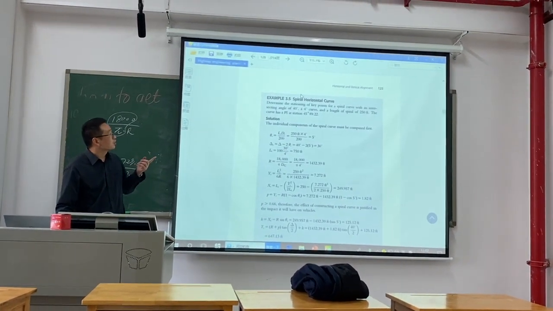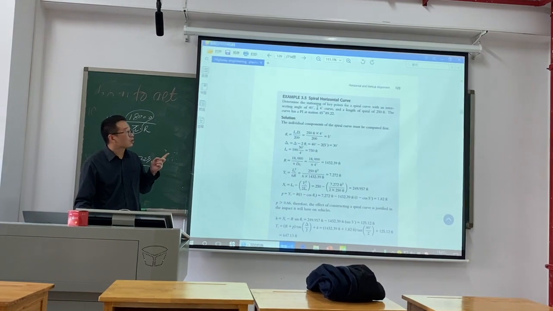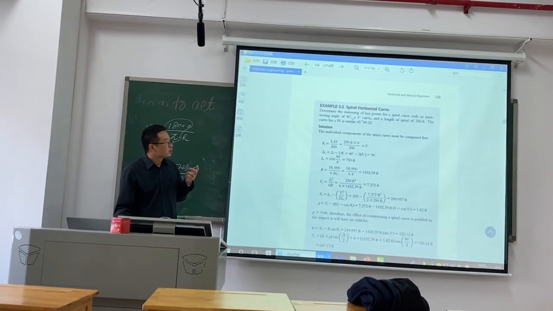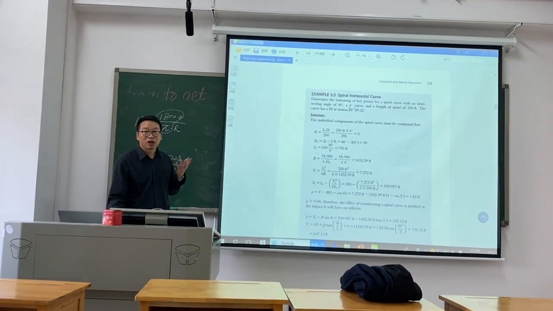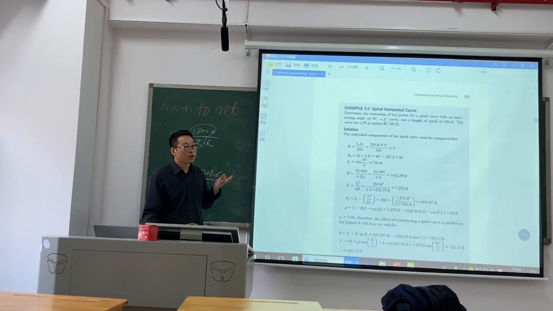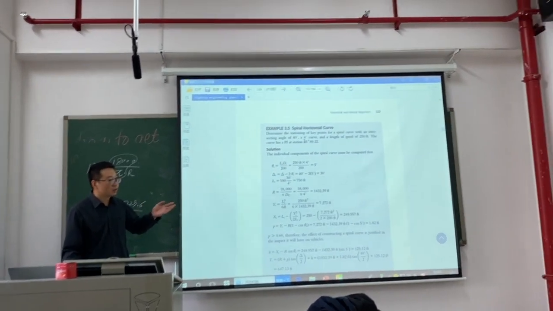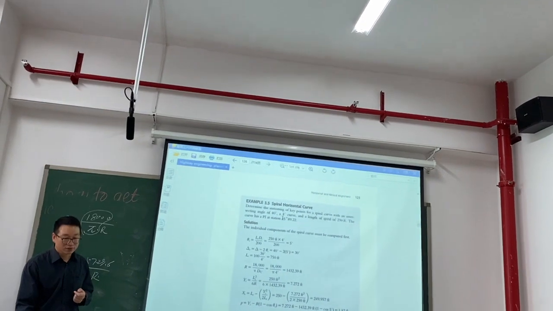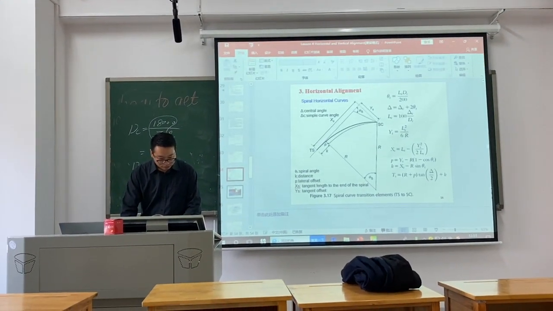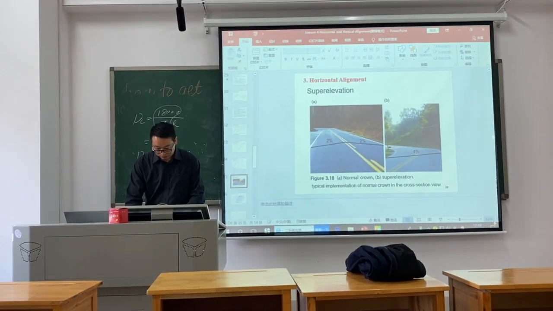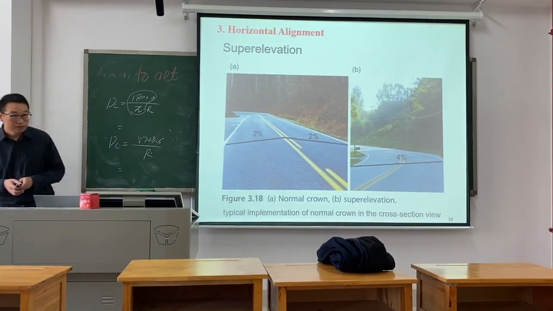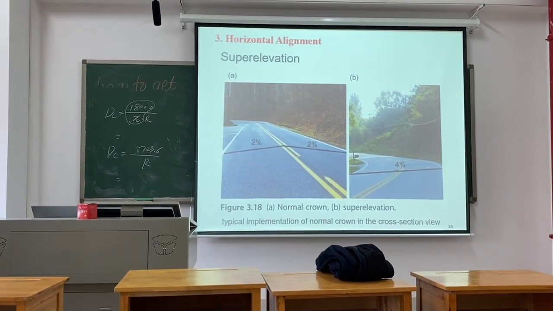Just like this example, spiral horizontal curve, you can spend time to read it and understand how to calculate it. Which online book? The biggest one. Too much, I think $20.